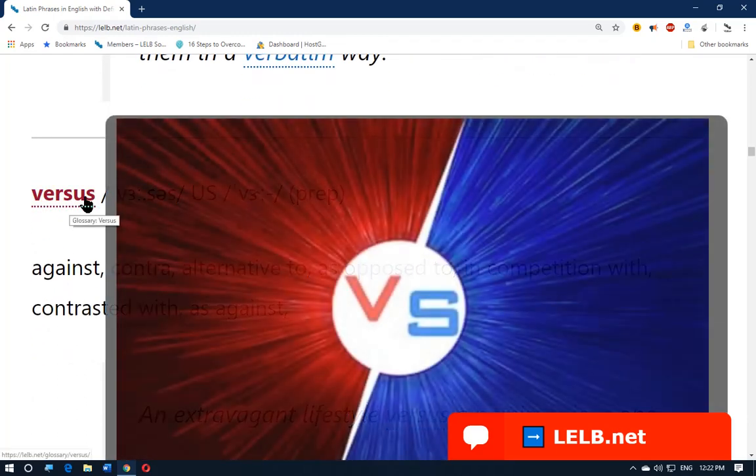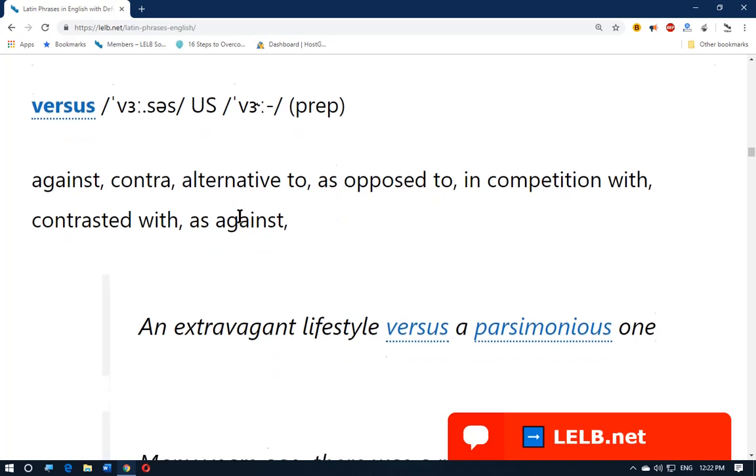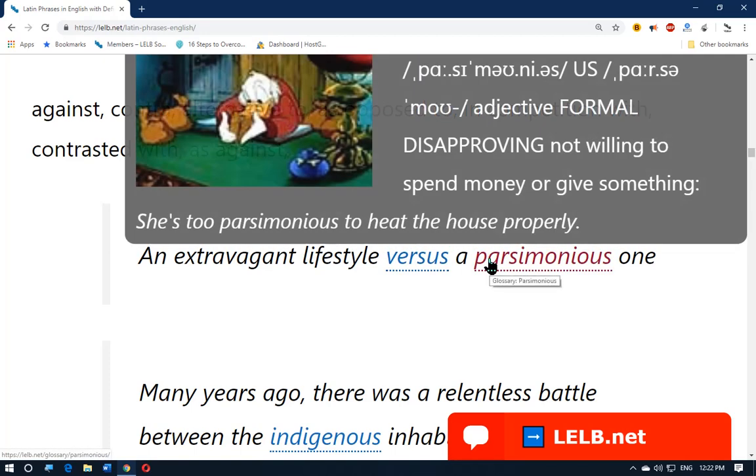Versus, very simple one. Against, contra, alternative to, as opposed to, in competition with, contrasted with, as against. An extravagant lifestyle versus a parsimonious one. Extravagant means lavish. Parsimonious actually is an adjective which means not willing to spend money or give something.